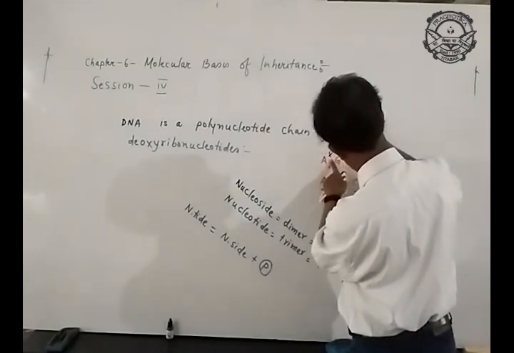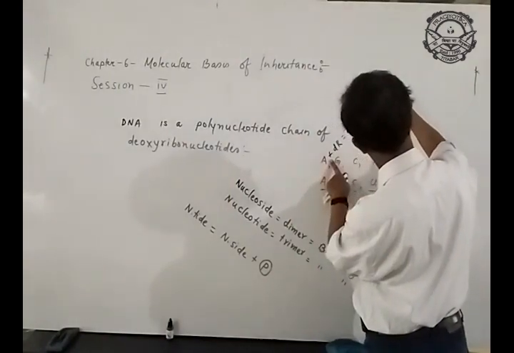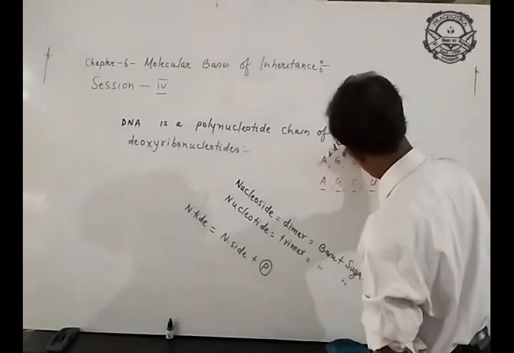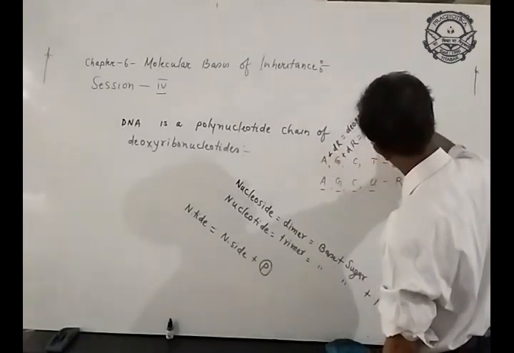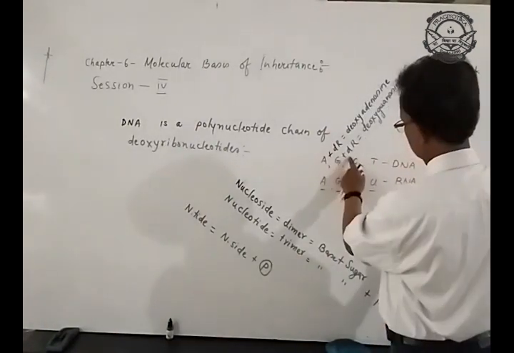Adenine plus deoxyribose sugar is deoxyadenosine. This is one kind of nucleoside. Similarly, guanine plus deoxyribose sugar is deoxyguanosine, another nucleoside.